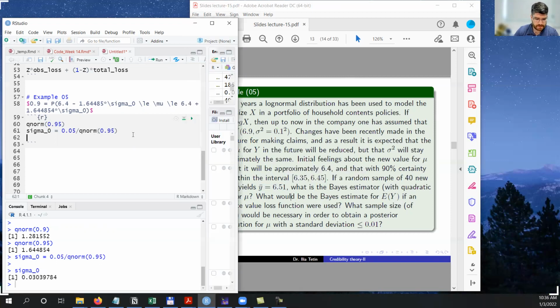Let's place everything inside the formula.